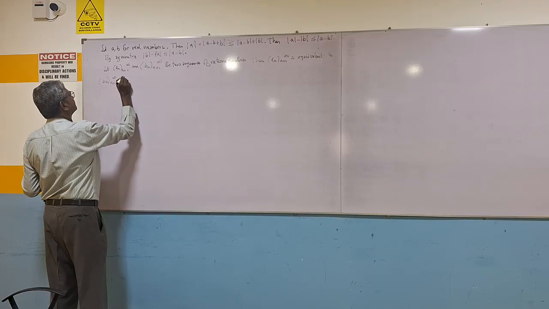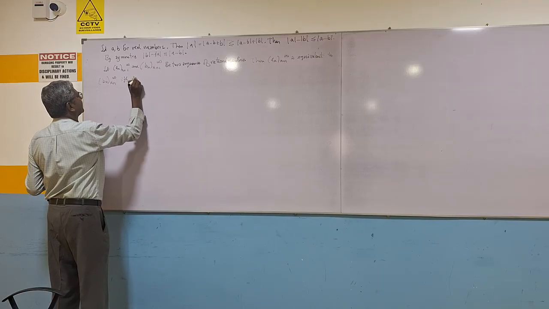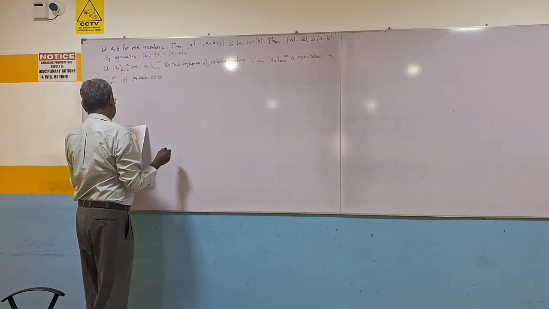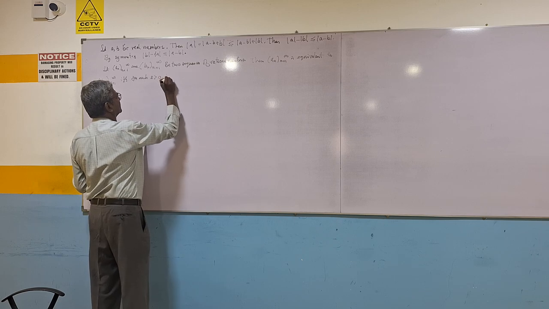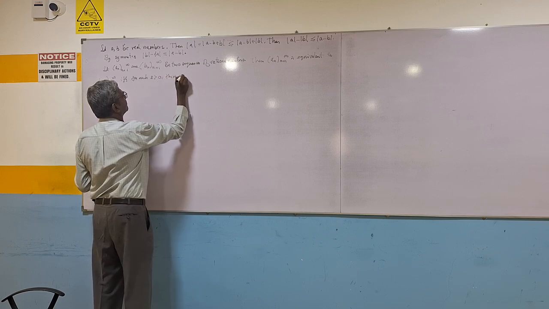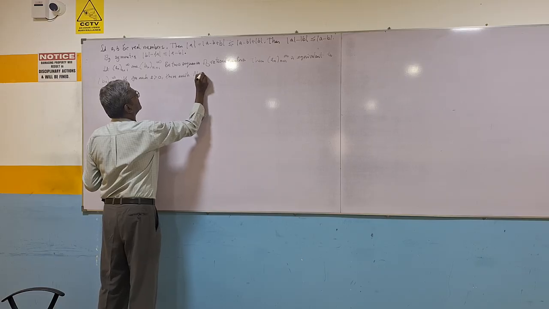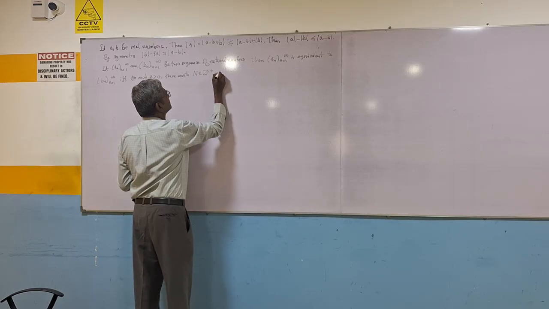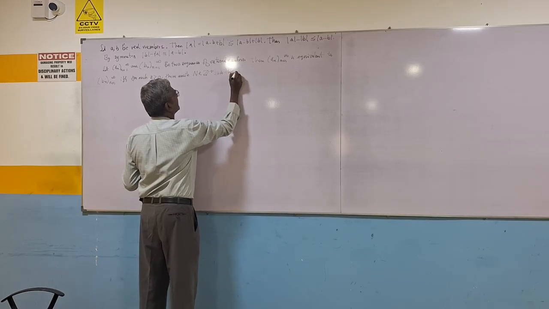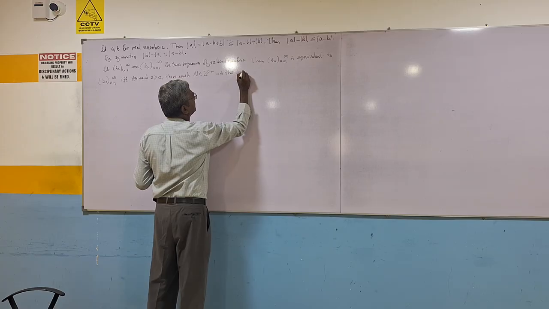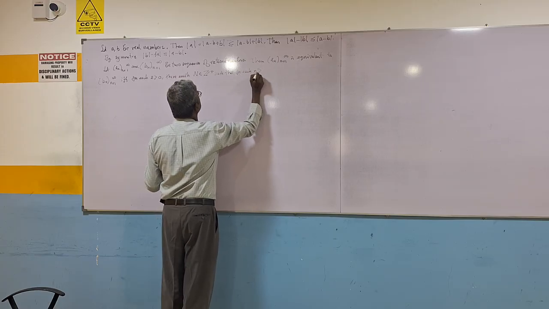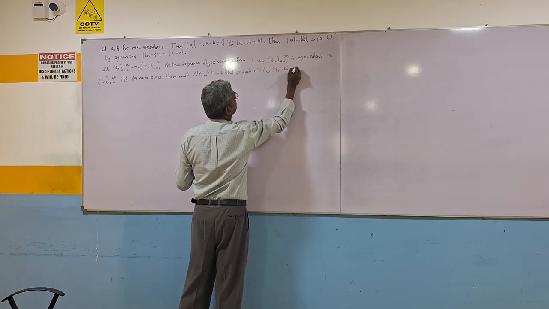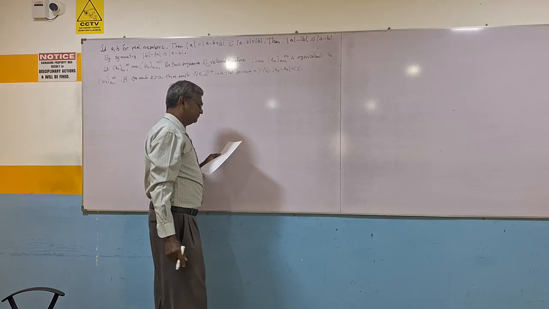Then (a_n) is equal to (b_n) if and only if, you know the definition, no? For each epsilon greater than 0, there is some N belonging to Z plus such that for each n greater than N, |a_n minus b_n| is less than epsilon.